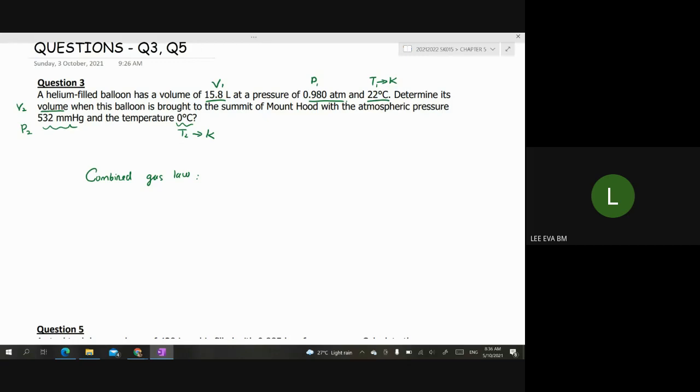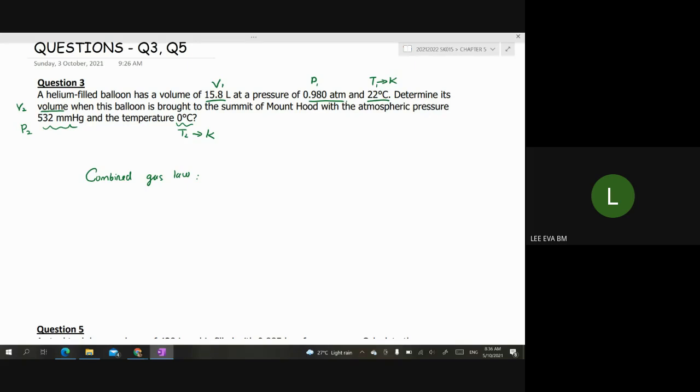Kalau combine? Salah. Siapa nak tolong? Teacher, kalau combined gas law ni maksudnya kena guna Boyle's law dulu, lepas tu baru guna Charles law ke macam tu? No. Madam tak ajar kan. Tak ajar formula untuk combined gas law apa dia kan.